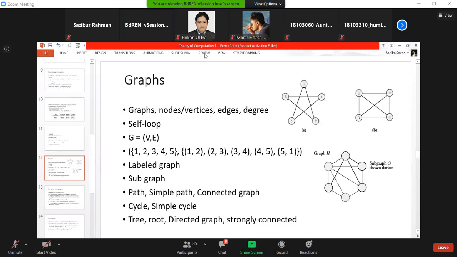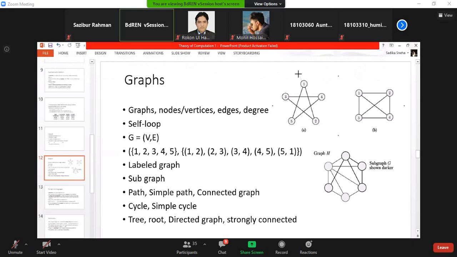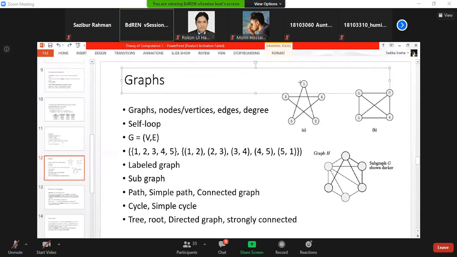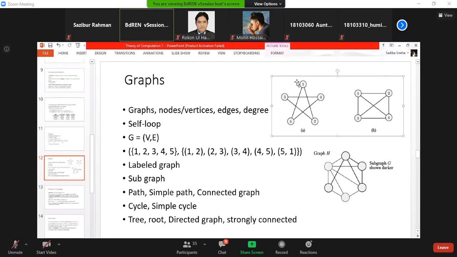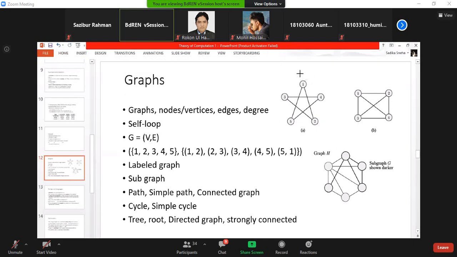So if I want to use some symbols here... not working. Okay, this is not being carved.